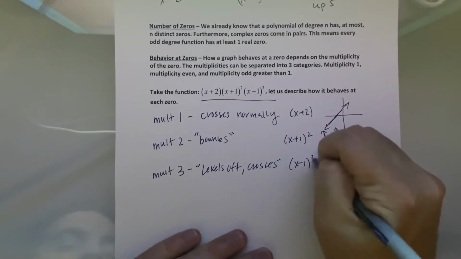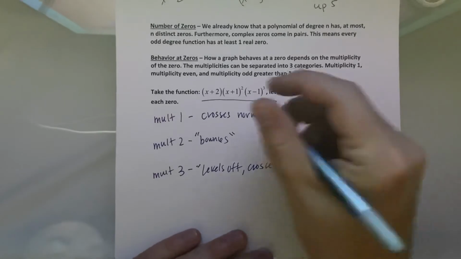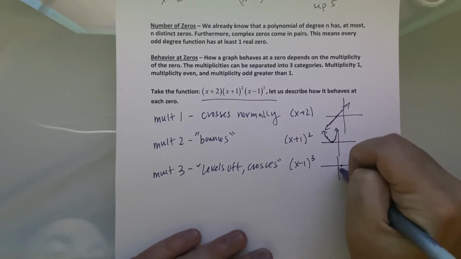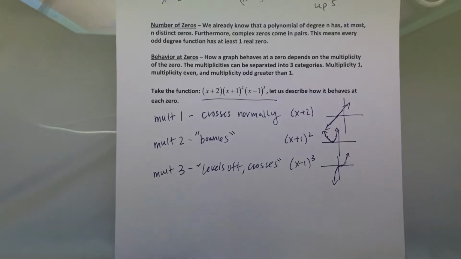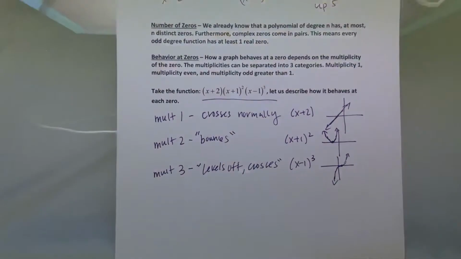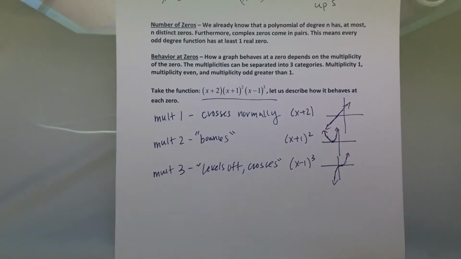So the x minus 1 cubed portion of this, it kind of looks like this. We have that portion here. It kind of levels off, but kind of just behaves normally, so kind of like the x cubed function does. You know, it kind of looks like it goes somewhat flat in the middle, but it does eventually go up or down on either side.